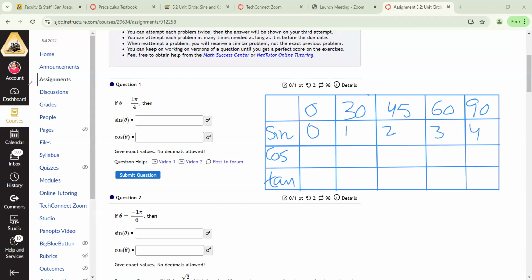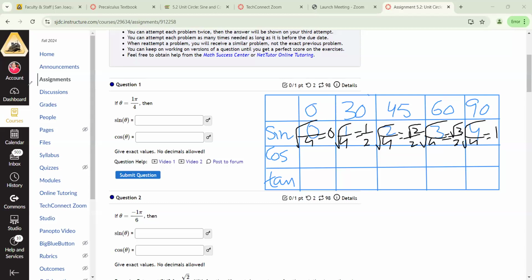And I divide each number with 4 and take its square root. And then I will have 0 here, 1/2, square root 2 over 2, square root 3 over 2, and 1.